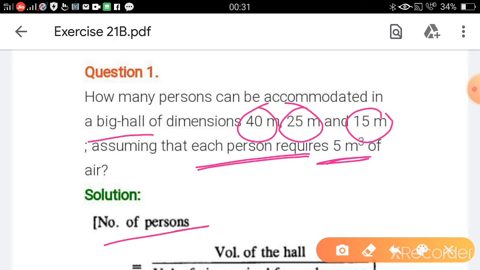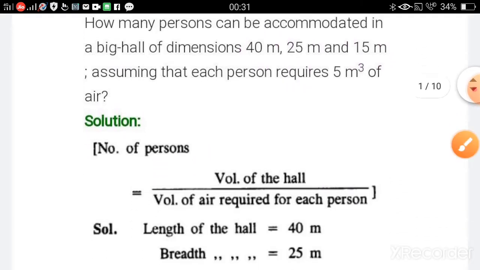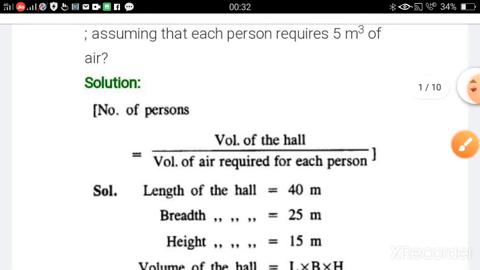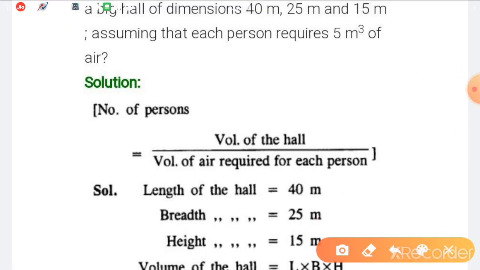So the number of persons is equal to the volume of the hall divided by the volume required for each person. The length of the hall L will be 40 meter, breadth will be 25 meter and height will be 15 meter.